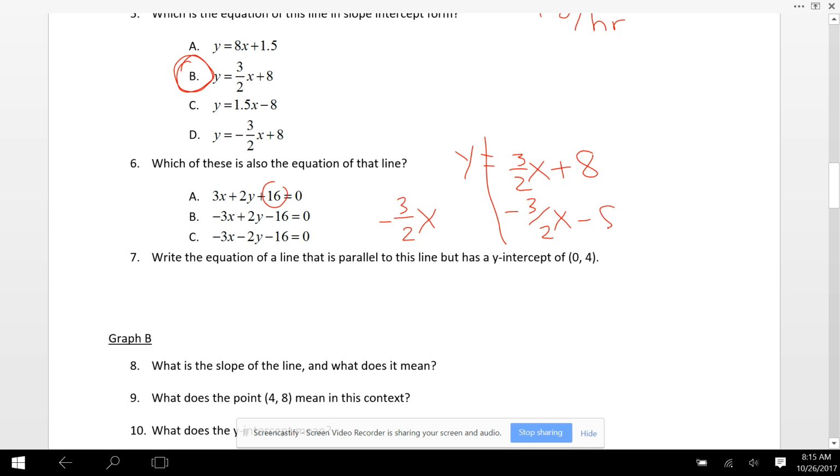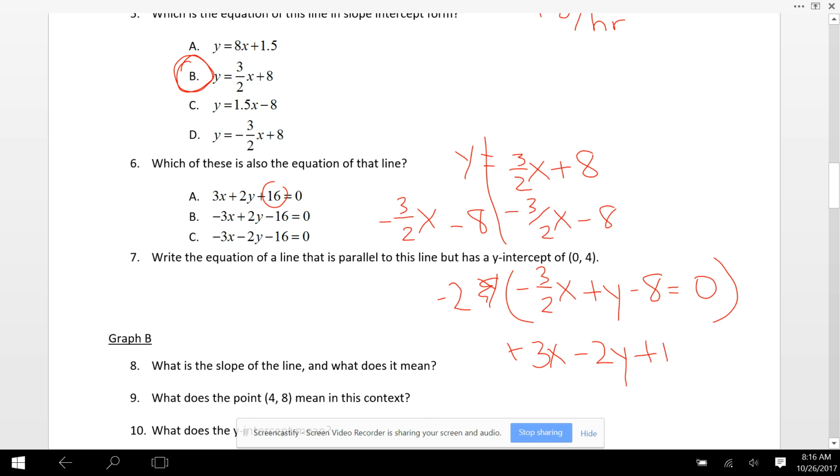And then I'm also going to take away my 8. So I'm just going to do everything all at once. I'm going to have minus 3/2 x plus y minus 8 equals 0. I'm going to multiply the whole thing times -2 to get rid of the negative and the fraction. So I'm going to end up with positive 3x minus 2y plus 16 equals 0.